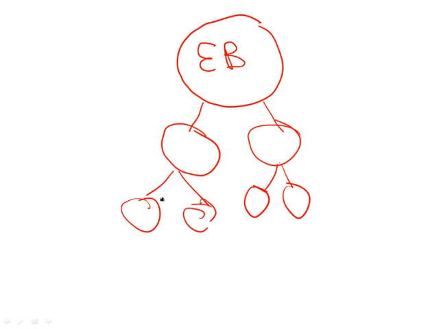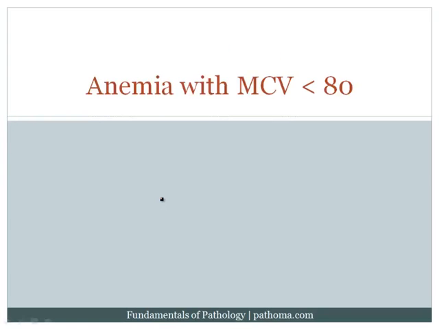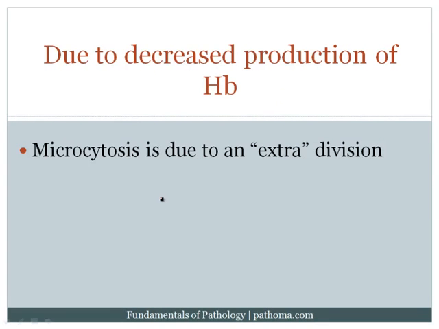So in particular, we should recognize that microcytic anemias occur because there is an extra division of the cell, i.e. the erythroblast undergoes one extra division, or why don't we say that the cells, as they're generating from the erythroblast to become mature red blood cells, they sort of undergo one extra division.